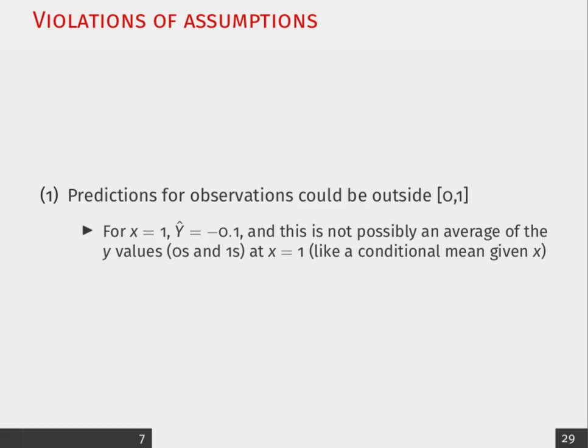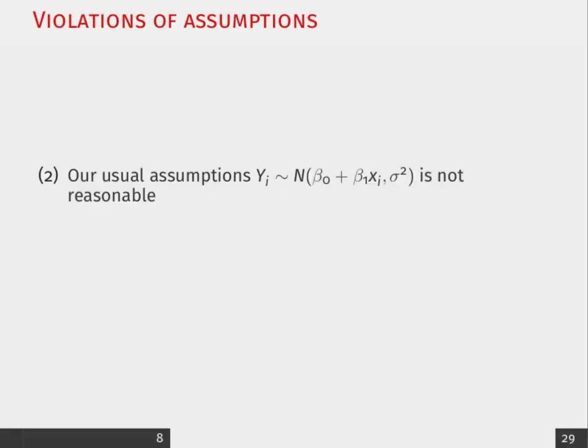So basically what's happening here is we're getting a conditional mean given x that falls outside the possibility of potential values for y. Now, for someone who happens to be 100 years old, we can calculate their CHD and we find that it's 1.46. Again, that is not a value that is possible.